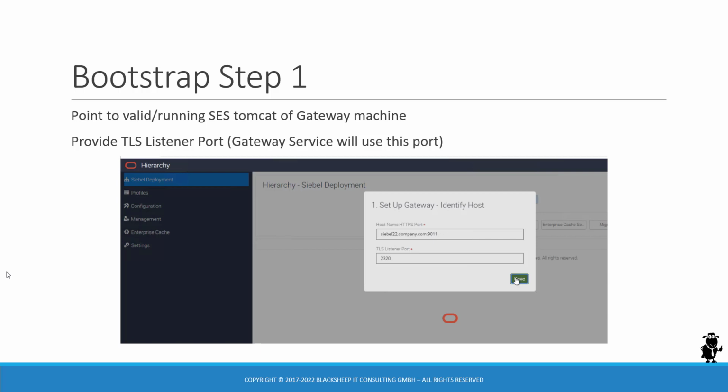Also, you will have to specify what Oracle calls the TLS listener port. That is a bit ambiguous, as TLS is transport layer security, and actually that port number is the port that the gateway service, the service formerly known as Siebel Gateway Name Server, will use.